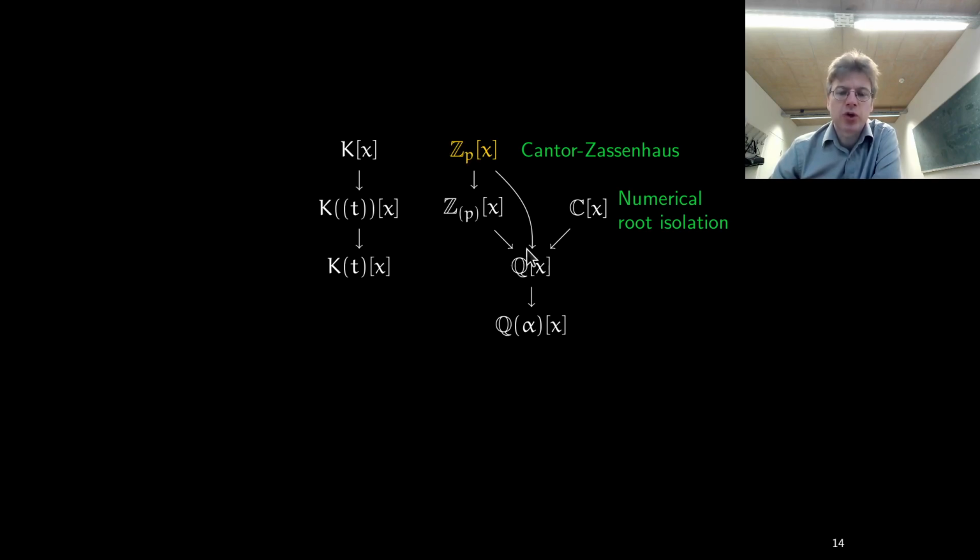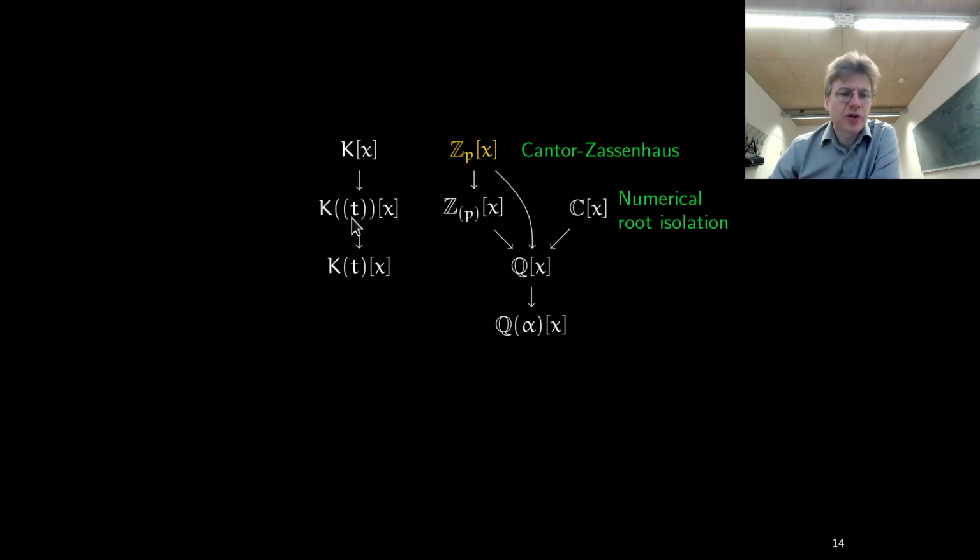And we will now work towards a factorization algorithm for polynomials over the rationals, but we don't go there directly. We'll first go to an analogous situation here that I think is worth explaining before.